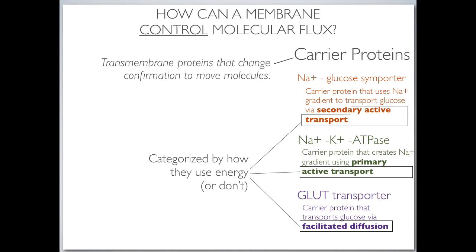I'm less concerned about whether you remember that it's a GLUT transporter or that it's a symporter or an antiporter. These terms are less important, I think, than how they're using energy. You really need to understand the difference between primary active transport, secondary active transport, and facilitated diffusion. So that's carrier proteins.